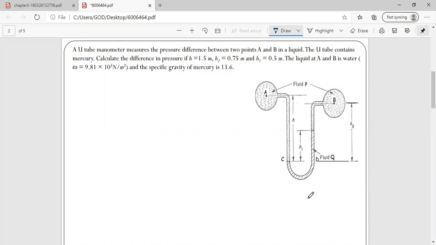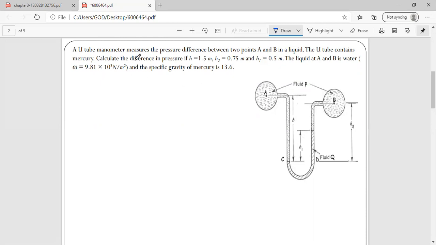In the first problem, we have a U-tube manometer that measures the pressure difference between two fluids A and B. There's a fluid A and there's a fluid B. The U-tube contains mercury. The hatched portion is mercury, that is the manometric fluid, with the help of which we are measuring.